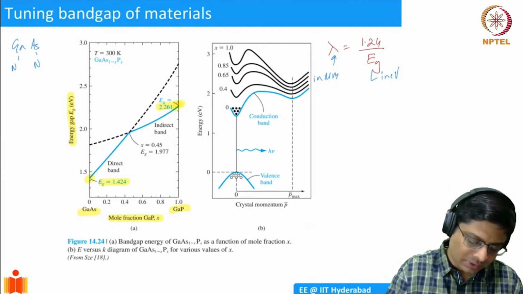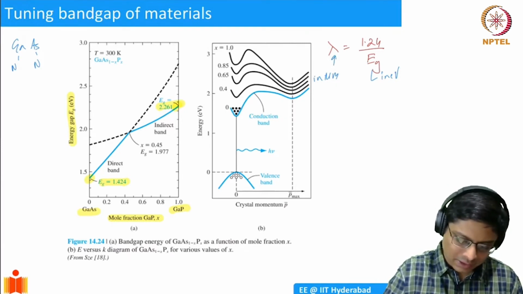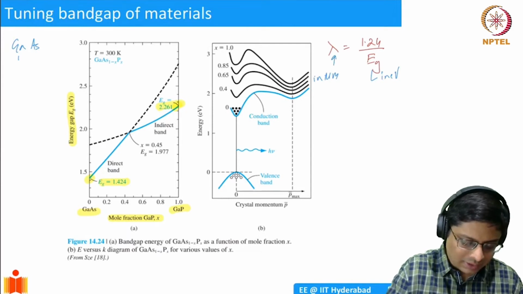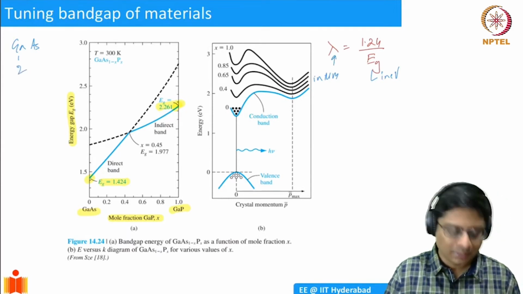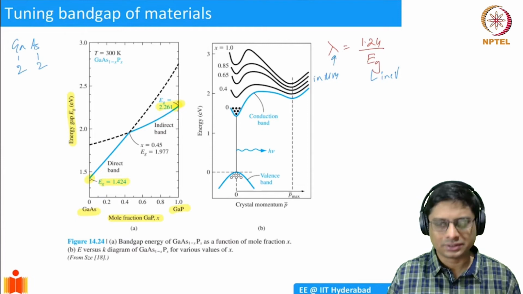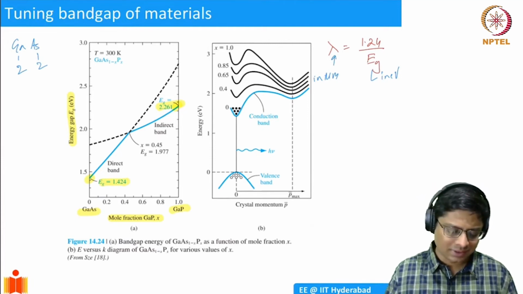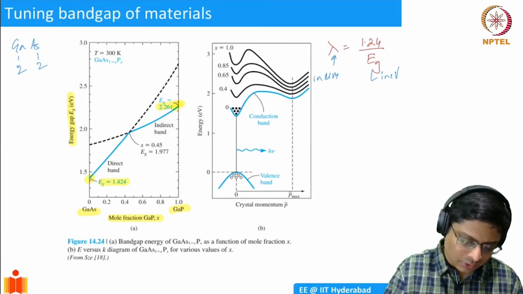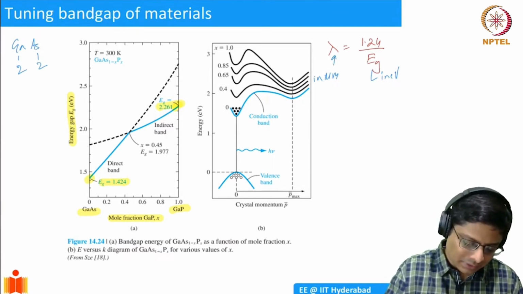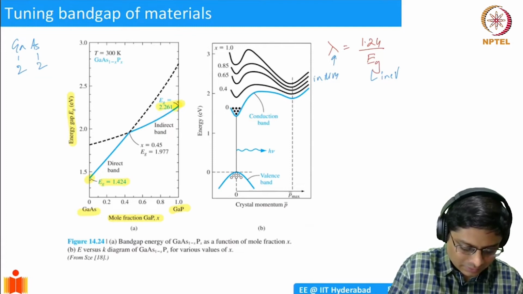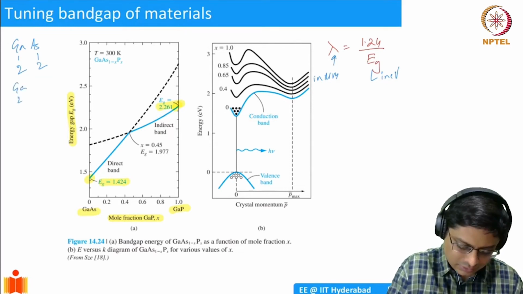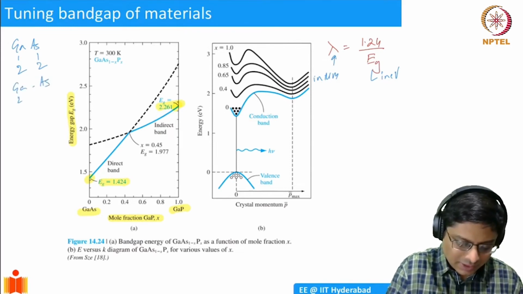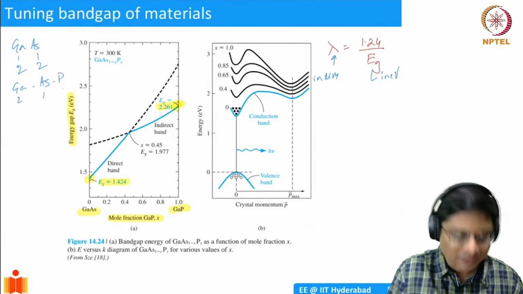So instead of n, let me use 2: two atoms of gallium and two atoms of arsenic in a unit cell, just for discussion purposes. Now I'll replace one arsenic atom with a phosphorus atom. Gallium will remain 2, but I'll have one arsenic atom and one phosphorus atom.